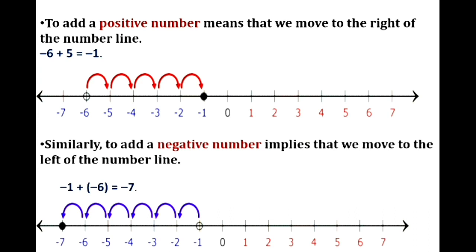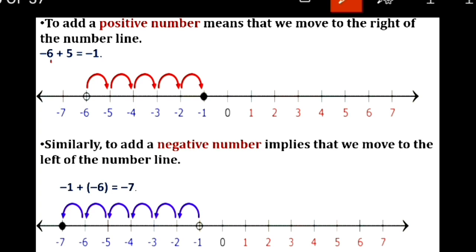The first concept is addition using number line. When we are adding a positive number to a number, we have to move to the right of the number line. So, this is minus 6, but we are adding a positive integer, that is plus 5. So, we have to move to the right of the number line.